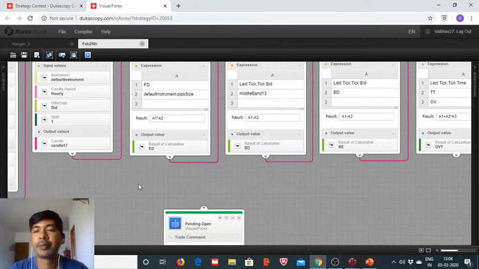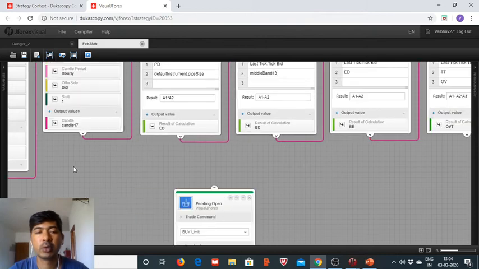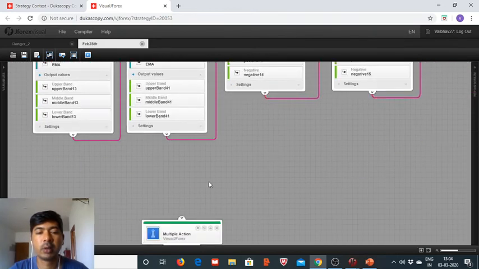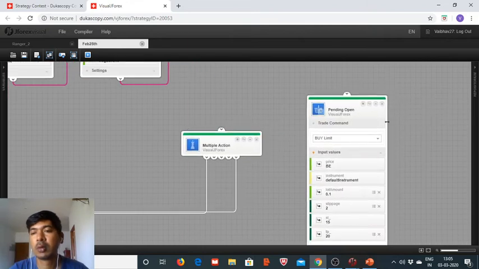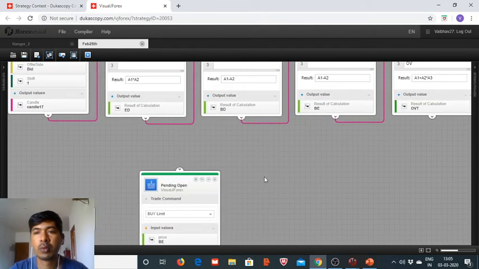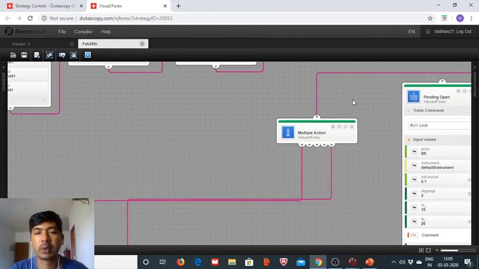Now we need to join the multiple action block to the last block here. So it's done.